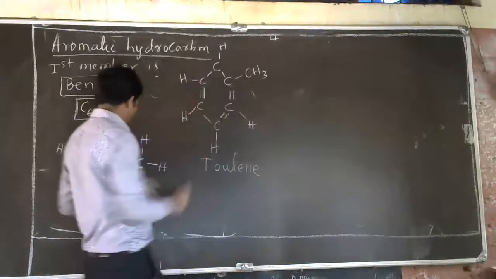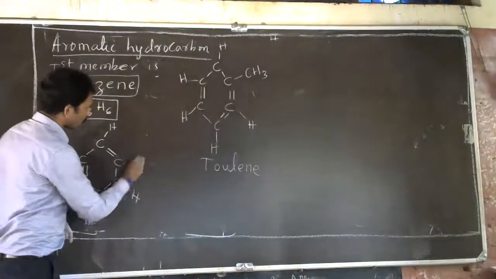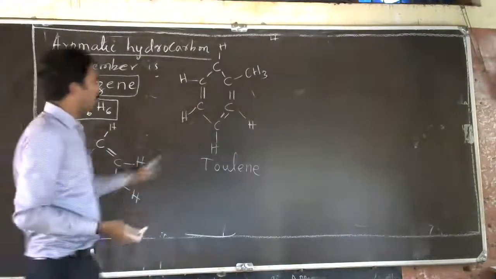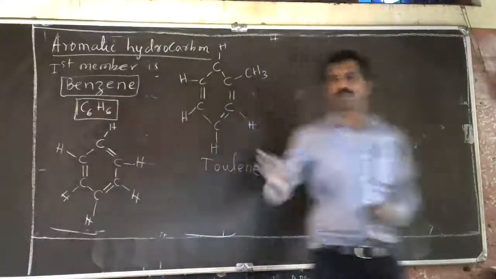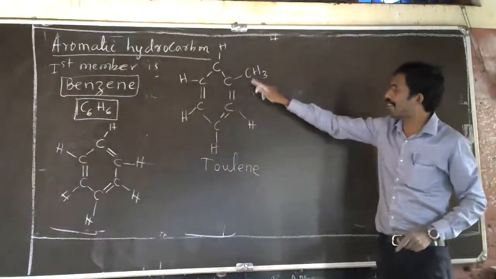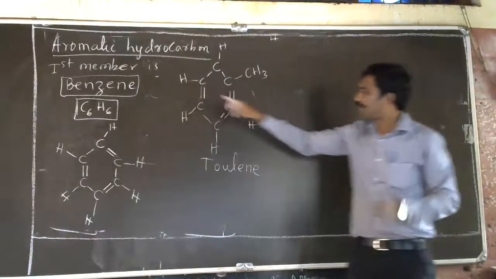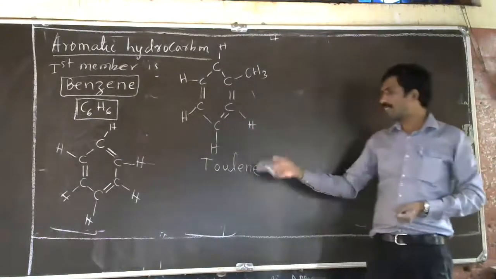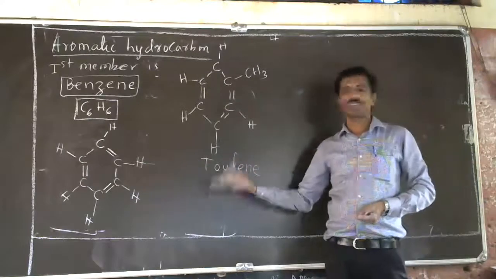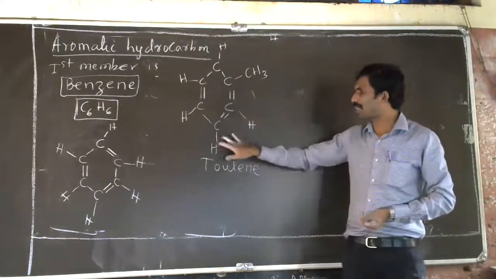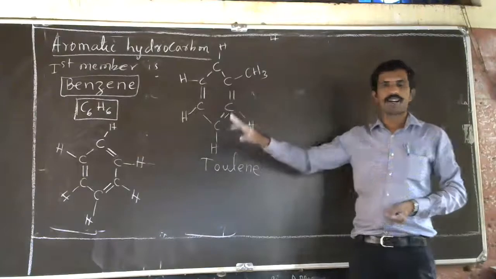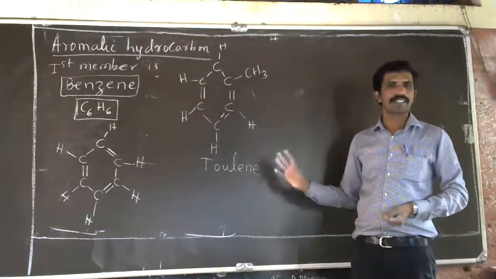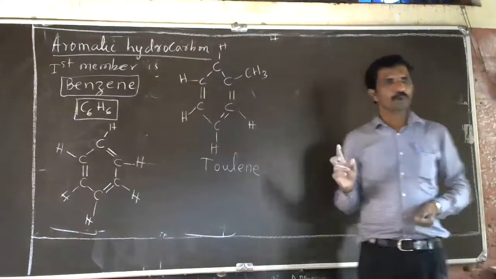When one of the hydrogens from the benzene is replaced by a CH3 group, a methyl group, this benzene becomes toluene with a change in structure. When the structure changes, the property also changes. The property of benzene turns into the property of toluene. It changes like this.